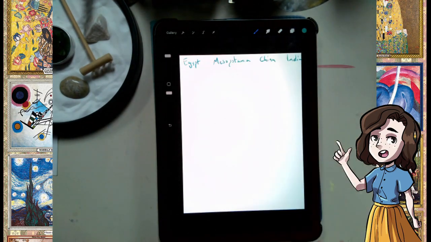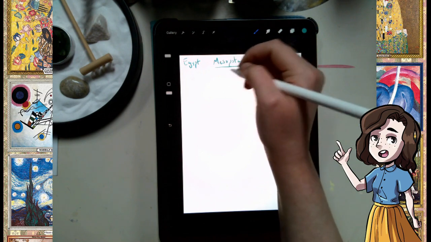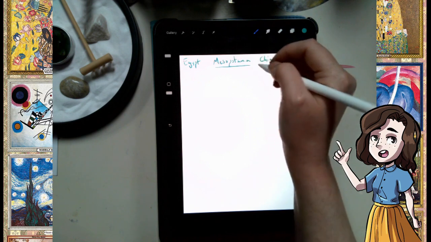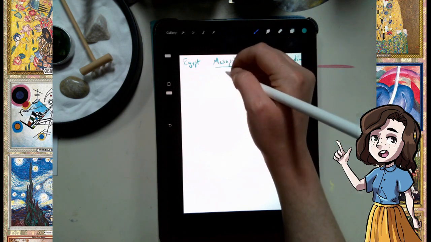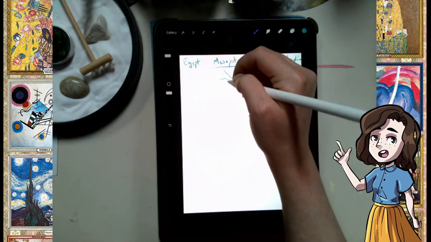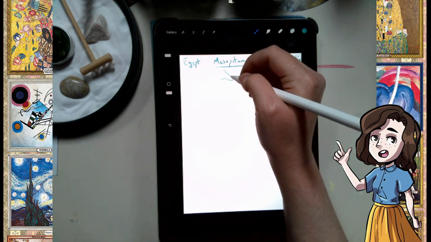Now, the first one that we talk about, with the first writing system that we know of, is Mesopotamia. With Mesopotamia, we're looking at this idea of the Fertile Crescent, which is the land between two rivers, the Tigris and Euphrates.